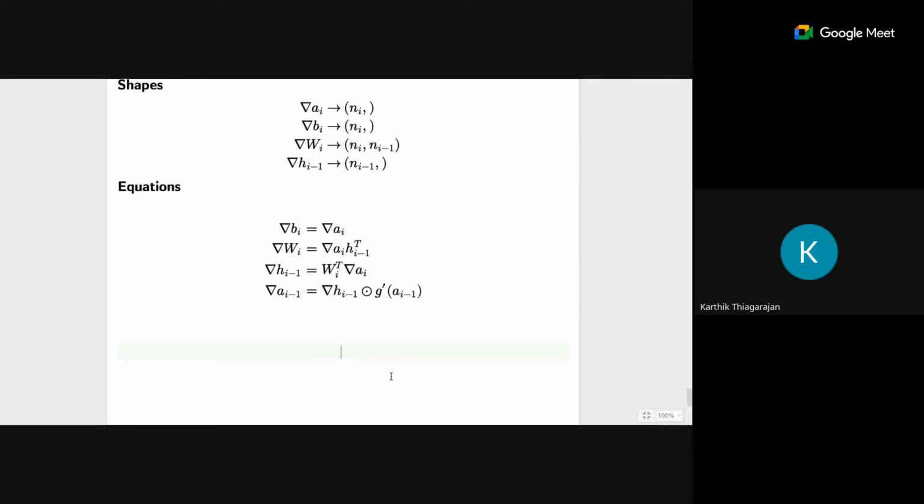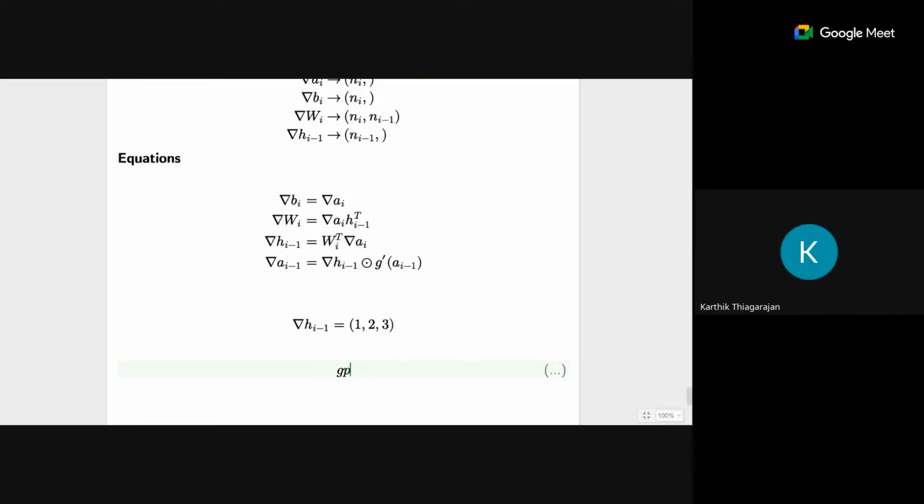So I'll just tell you what this means. For instance, if h_{i-1} is equal to, say, 1, 2, 3, and g prime of a_{i-1}, the derivative, is, let's say, 0.1, 0.3, 0.2, whatever.